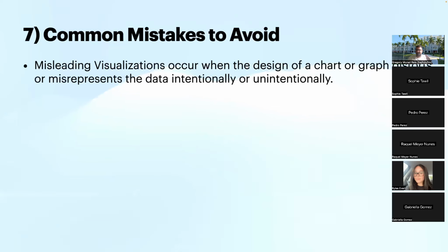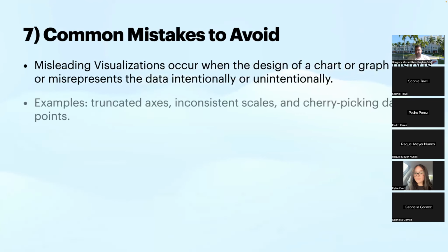So some common mistakes that we have in data visualization. Some chart or graph that you use misrepresents the data intentionally or unintentionally. For example, you truncate some axes because those numbers will give a bad outcome or some bad consequences for what you're presenting, or it's saying otherwise.